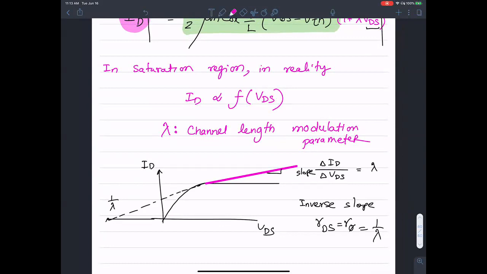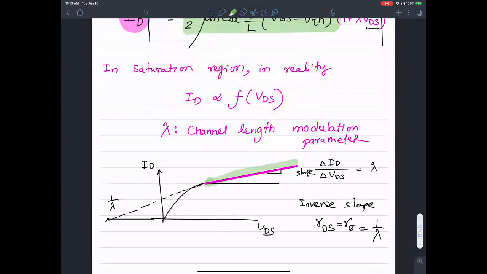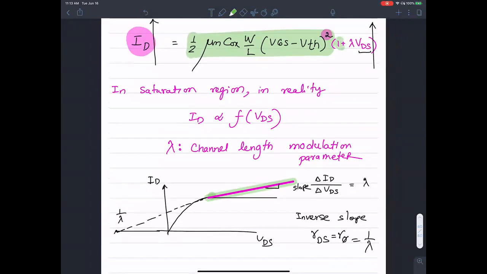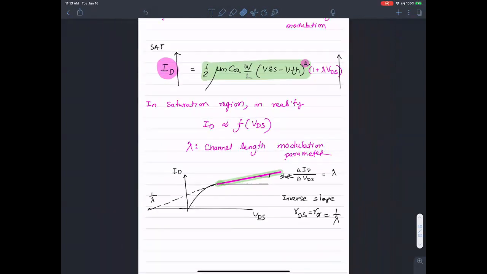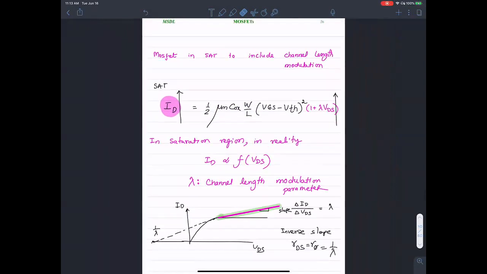The only big idea that we have to understand here is that in the saturation region, the drain current is not going to remain constant, but it's going to change as a function of VDS. In order to show that, I'm going to incorporate a new term, the lambda VDS term, to incorporate the idea that the drain current changes as a function of VDS. Does that make sense? Questions, please. Questions so far?